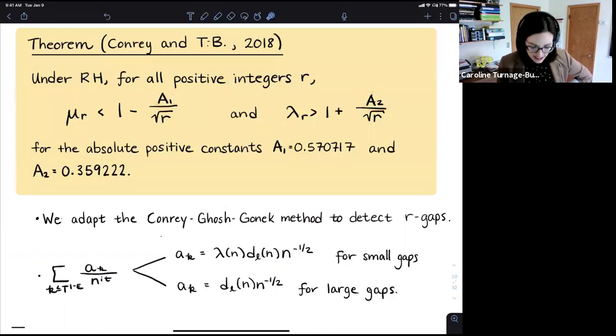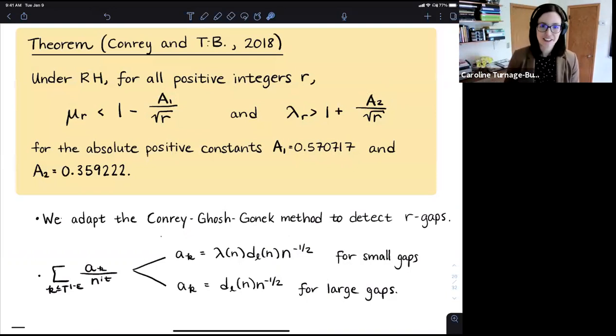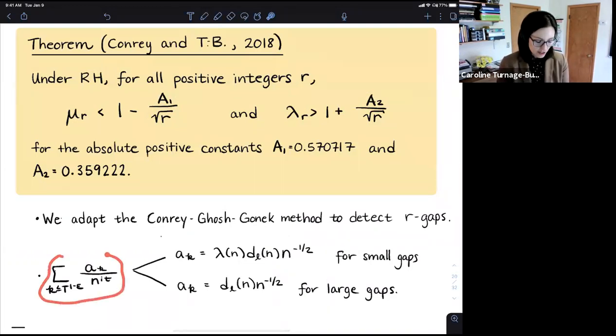But the idea is the method that I just detailed for you, the Conrey-Turnage-Butterbaugh method, this method depends on the Riemann hypothesis. So the explicit formula is floating around in there. That's kind of in the scaffolding of the method. So we adapted it to detect R gaps, and it all again comes down to averages of polynomials.